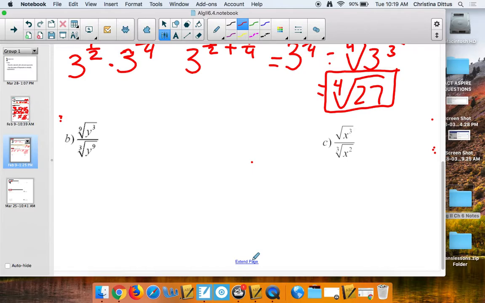Okay. B. What does my numerator become if I change it from radical form to exponent form? Y to the 3 over 9. Yep. Good. Okay. What's the bottom become?